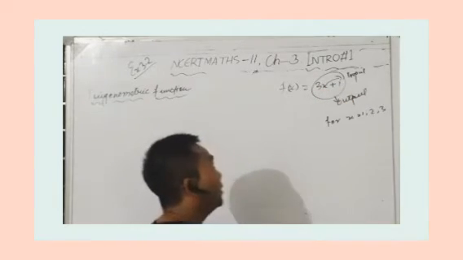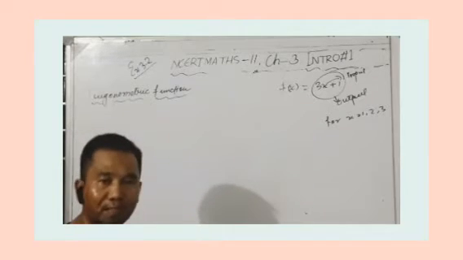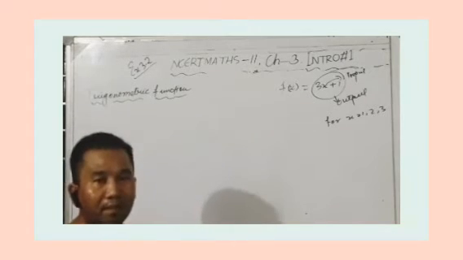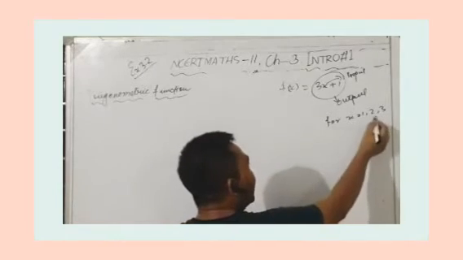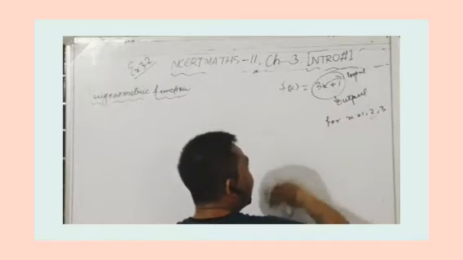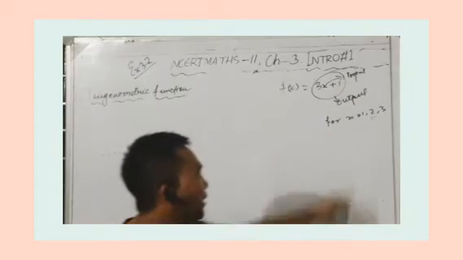That means the value of the function will be 4, which is unique, a particular value. If we consider 2, then 2 times 3 is 6 plus 1, then it will be 7.